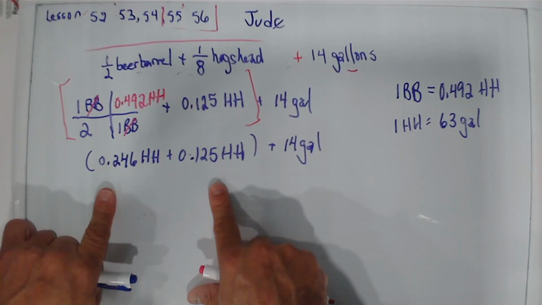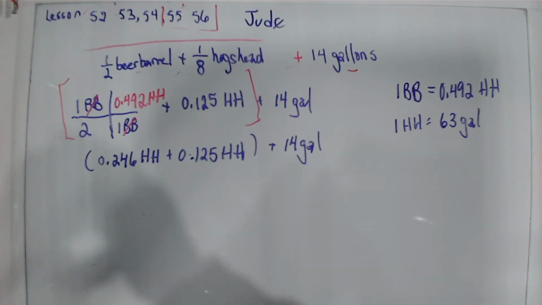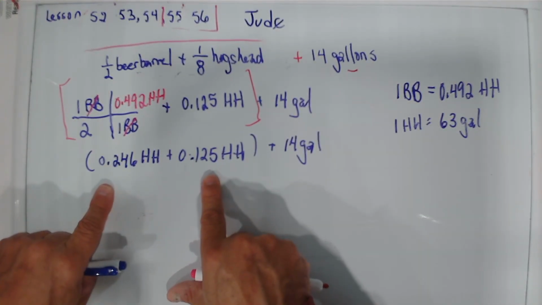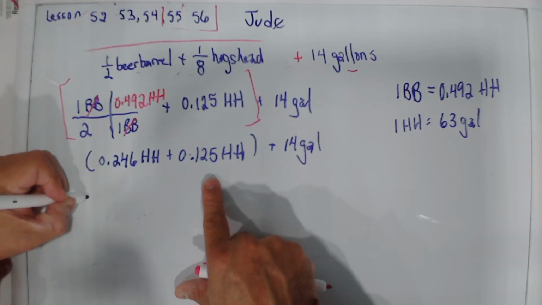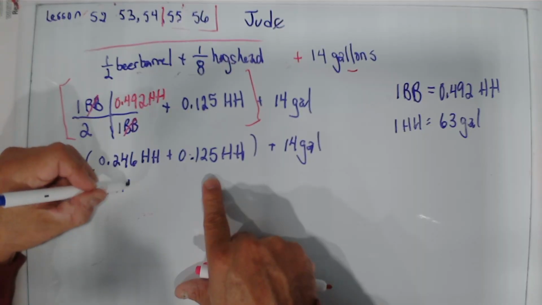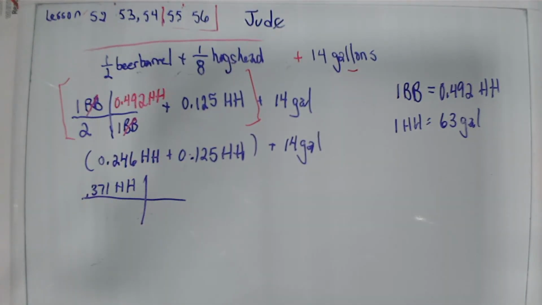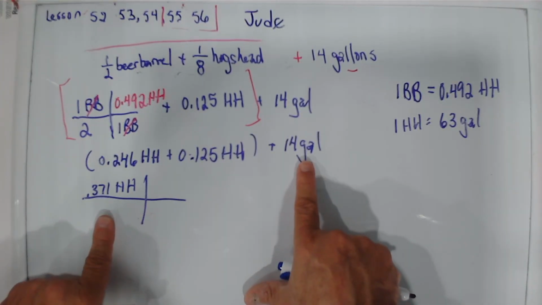Well, when I add these together, I need to convert them to gallons. So let's add these together, and I end up with, 6 and 5 is 11, that's going to be 0.371 hogshead. Okay, we are not done converting yet because we have to get to gallons.